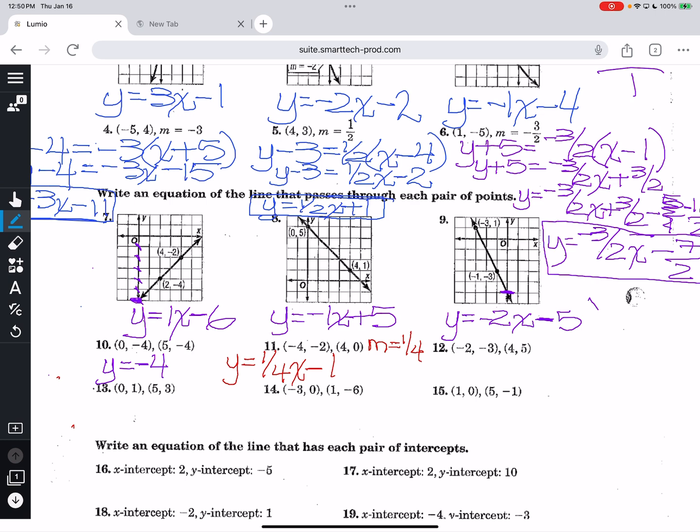-7 over -6. 7. Oh, wait. So what is the slope for 12?